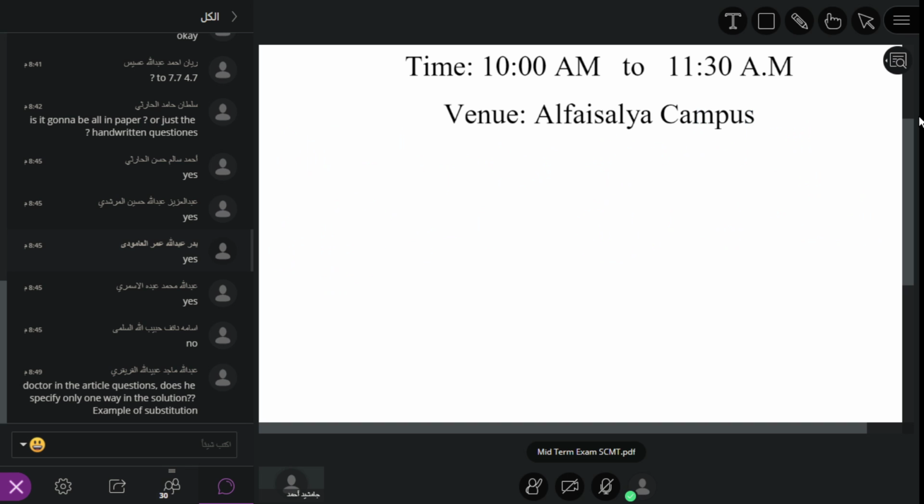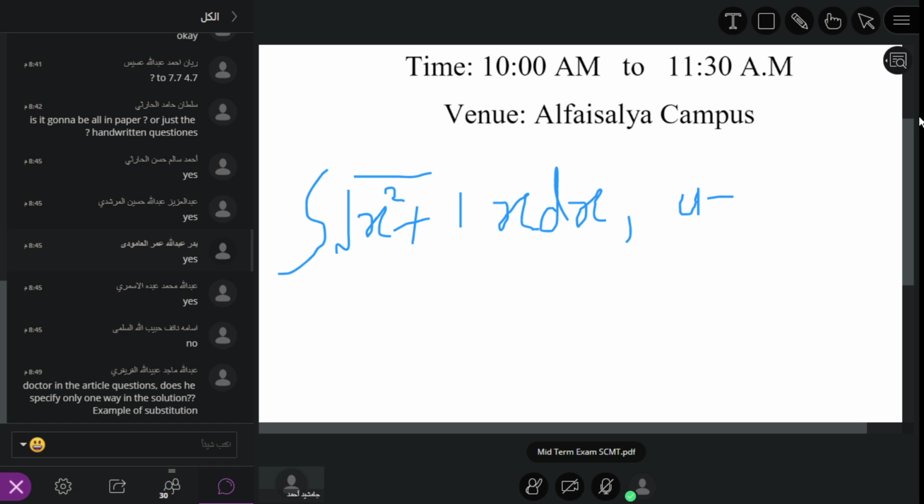Suppose here, if I ask you, we have the integral of x square plus 1, x dx. If I gave you this question and also the substitution u is equal to x square plus 1, that is not what happens in the exam.